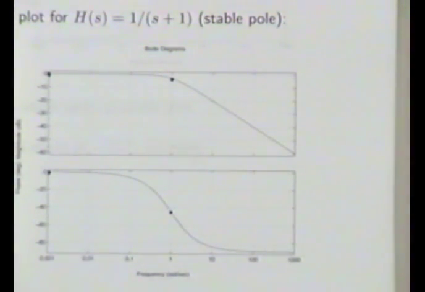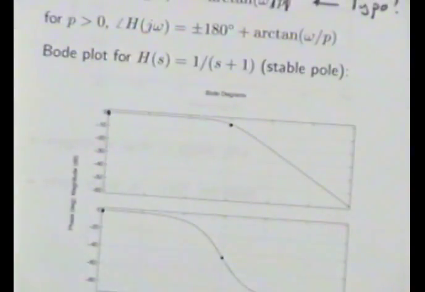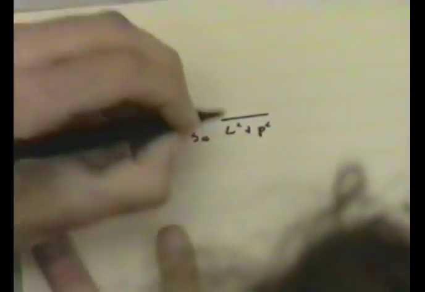The final question we must ask is what happens for frequencies much higher than absolute p? Remember that 20 log base 10 of h of j omega is given by minus 20 log base 10 of omega squared plus p squared.